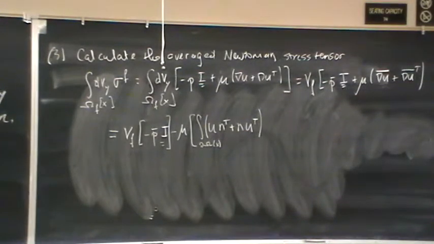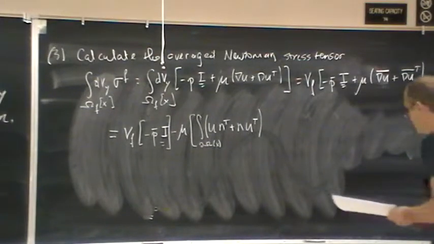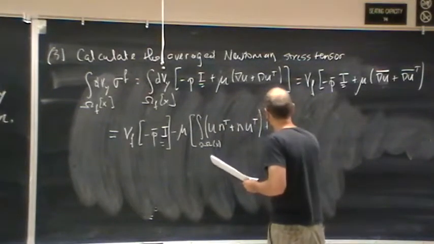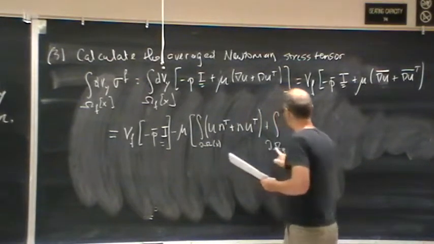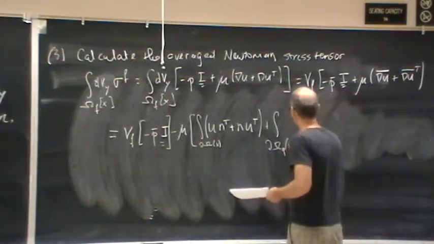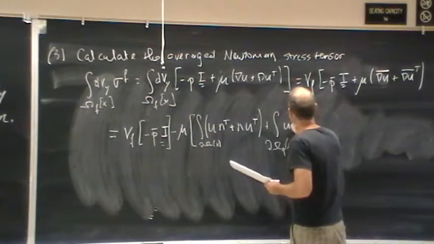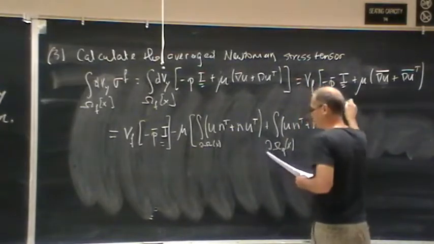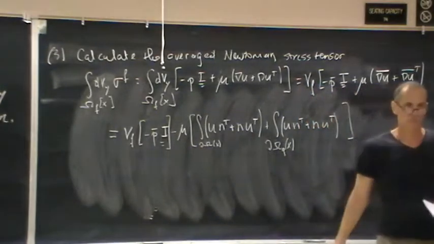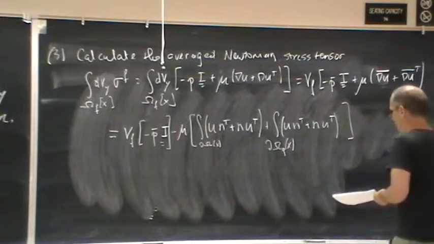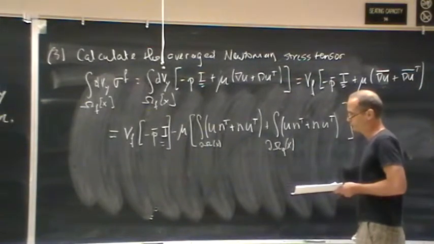So here now, this is again a rank 1 tensor that's composed as an outer product of two vectors, okay? And then I have another piece that's over the particle boundaries, which I'll just write as the set delta omega p. That's the union over all the particle boundaries that are inside of my box. Same kind of thing. Okay? So you get that. And that's just a divergence theorem argument.